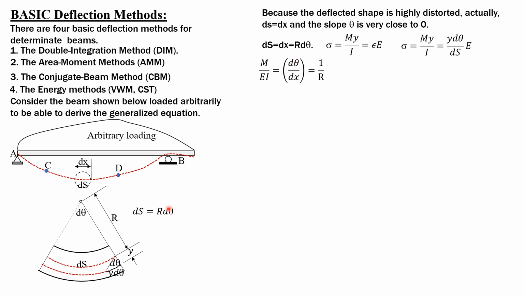So M over EI is the reciprocal of the radius of curvature.